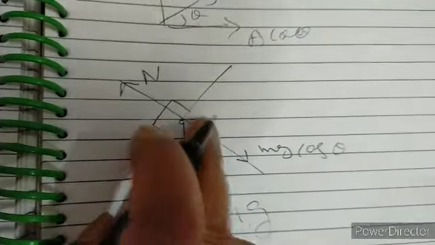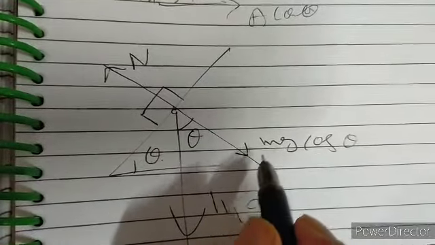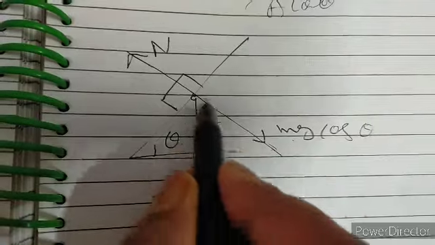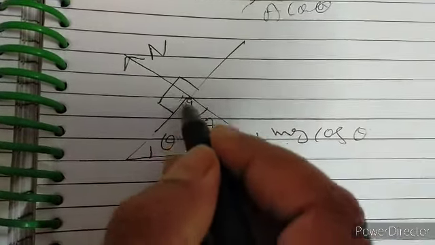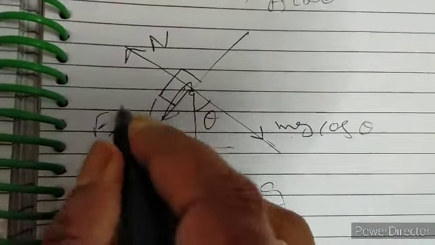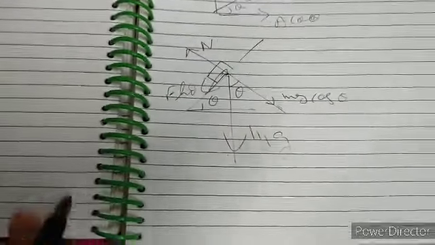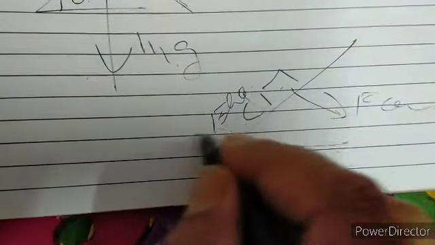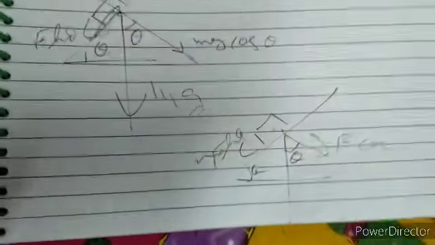This is the normal reaction on the surface. The component in the other direction is mg sin theta. Clear? This also you have to remember: this is the inclined plane, this is an object, then this will be mg sin theta, this will be mg cos theta, and if this angle is theta, then this angle will also be theta.